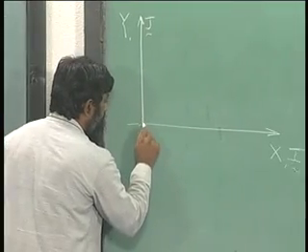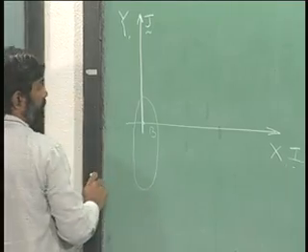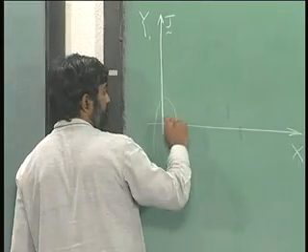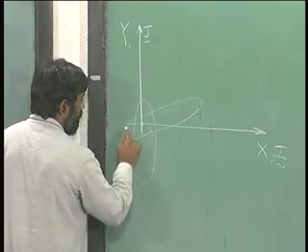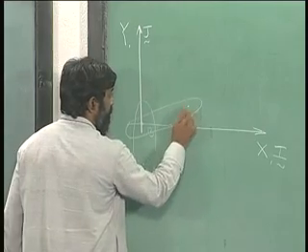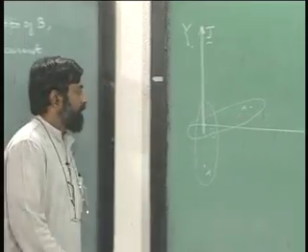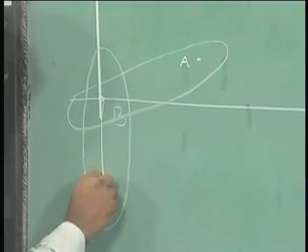Think of it like this, this is the B that we are talking about, and let us say this has rotated to become something like this. So, point A was here, it has become this. This is the final configuration that we are looking at.